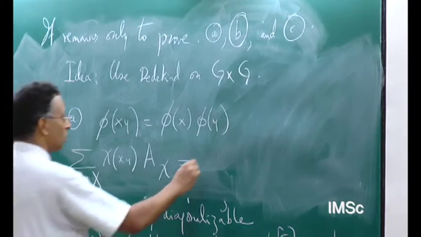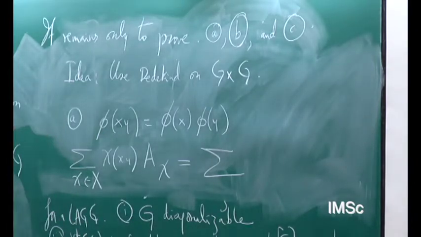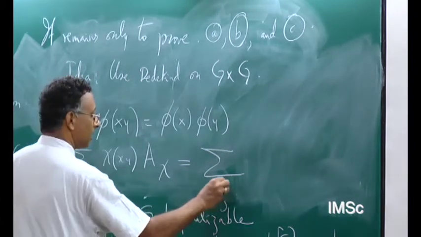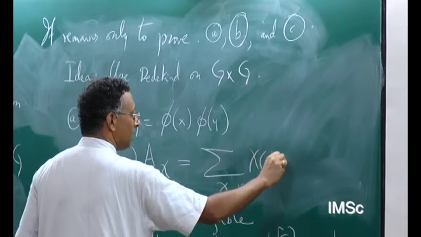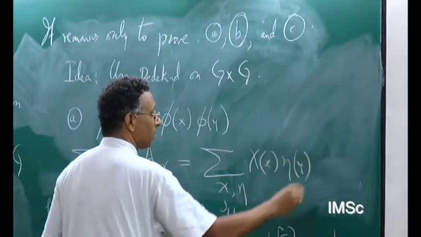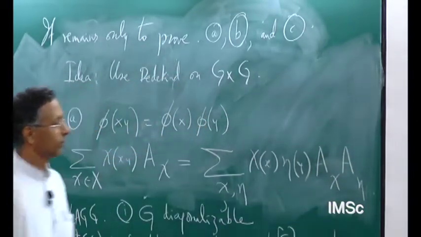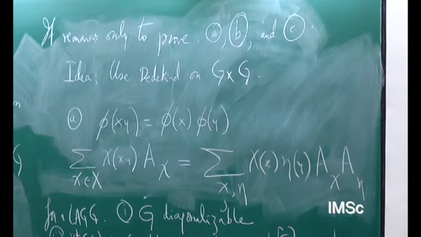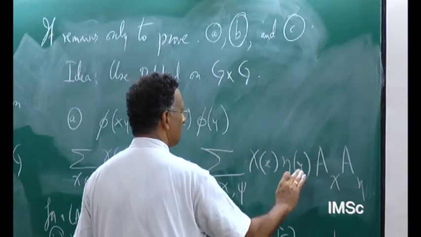Okay, so what I have is, but of course there are two summations, so I will use two symbols. So the sum over chi, eta of chi x, eta y, a chi a eta.